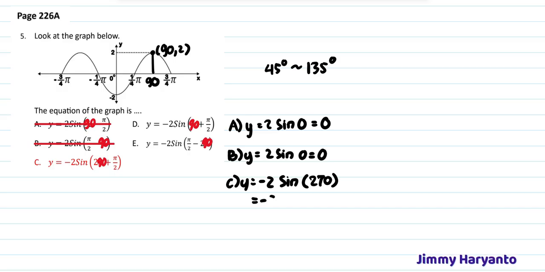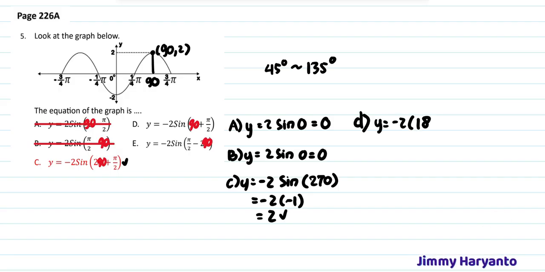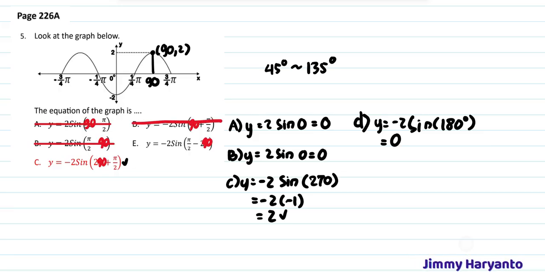Sine 270 is negative 1, so the result is 2. Yes, correct. Let's keep that one first. Next is D. We have y equals negative 2 sine (90 plus 90 is 180). Sine 180 equals 0, so this one equals 0, not 2. Eliminate this one also.